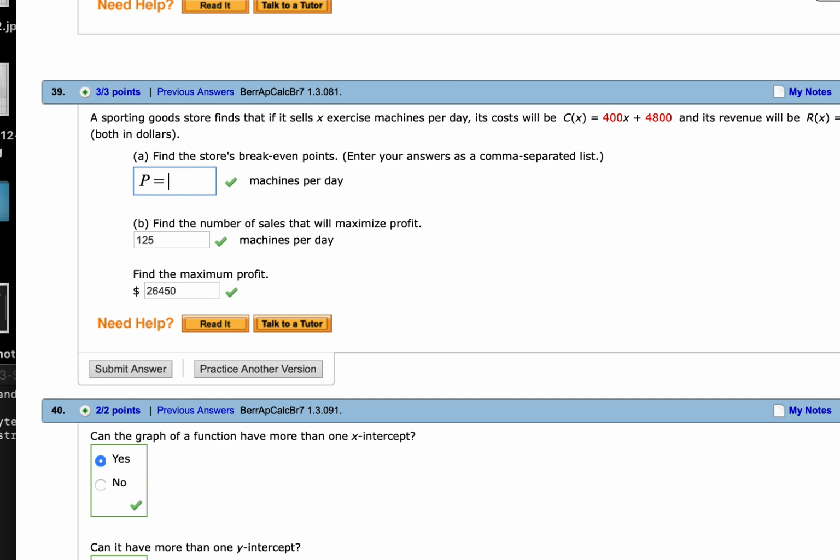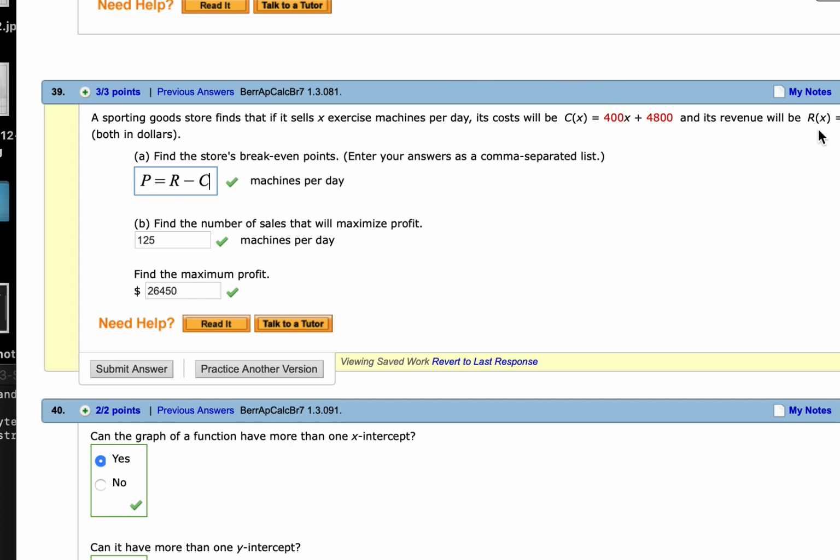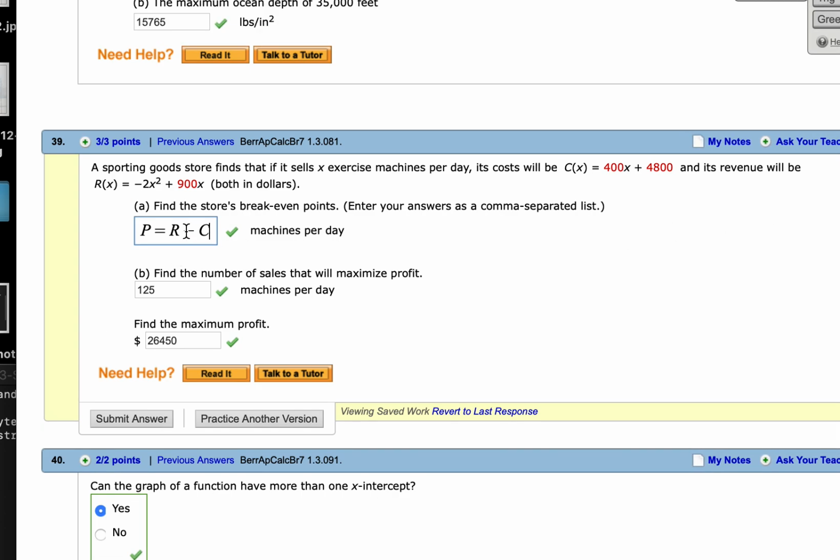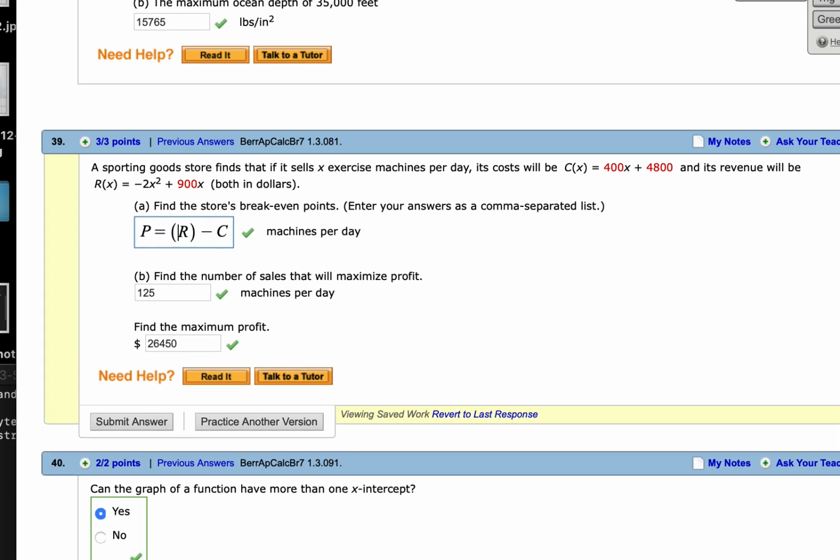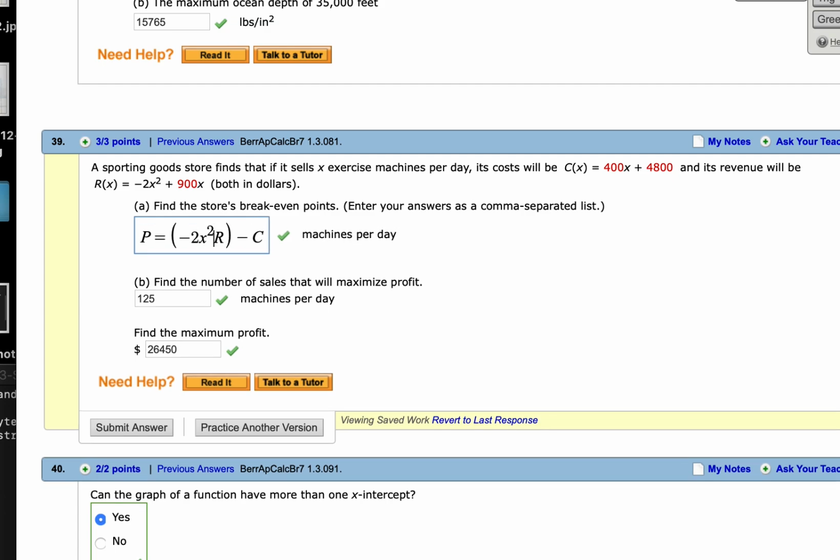Profit is equal to revenue minus cost. For revenue I'll plug in negative 2x squared plus 900x. That's the revenue. And then minus cost.